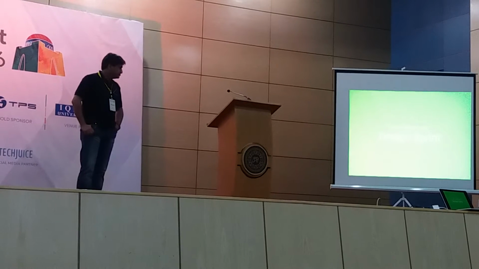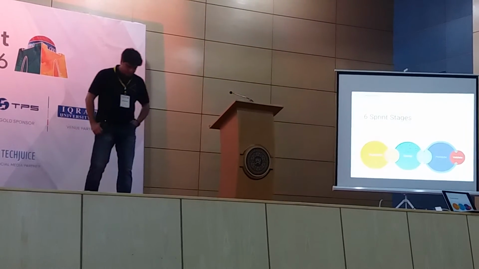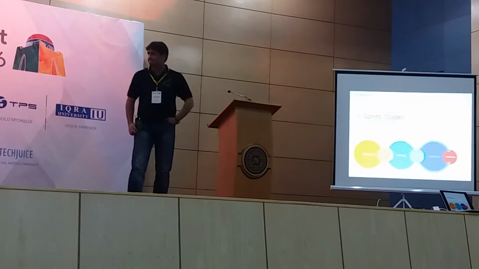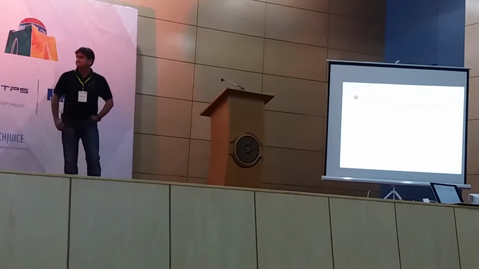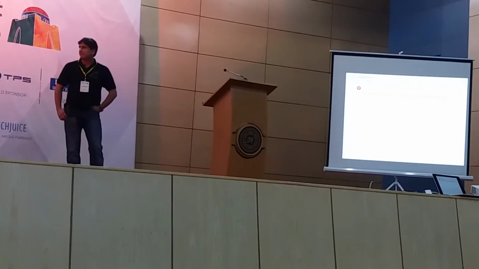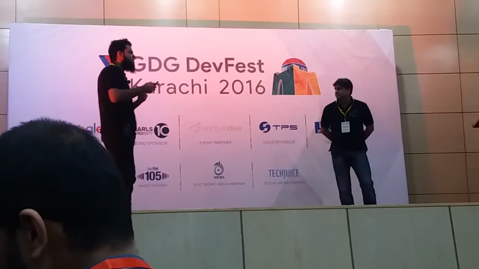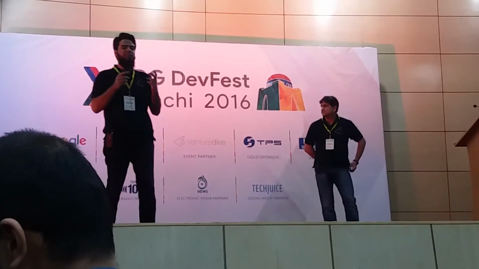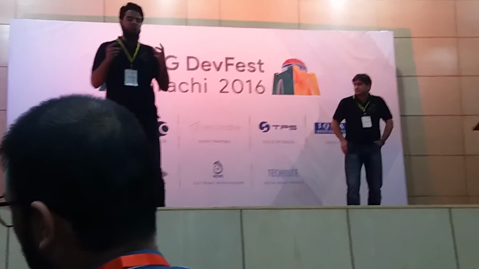Let's start the design sprint. We have 6 sprint stages. First, understand the user needs, business needs, and technology capacities. In this exercise we will be working over different user goals, different business goals, and looking at what technology capacity we have to work around with this solution.